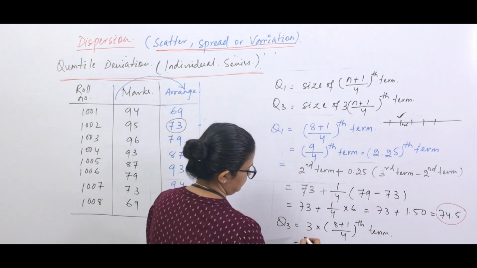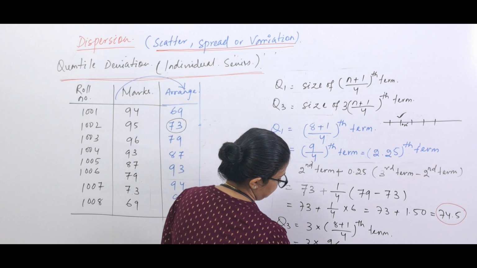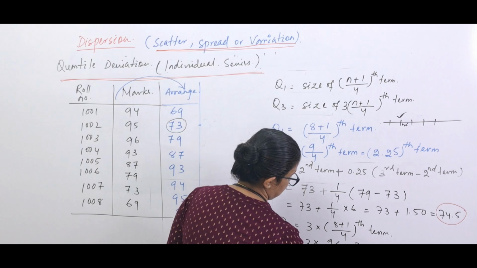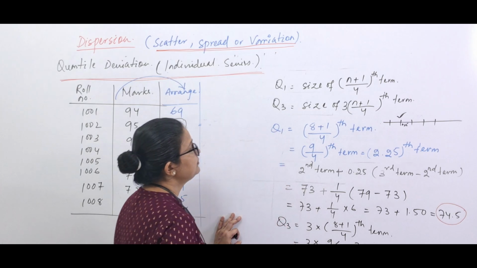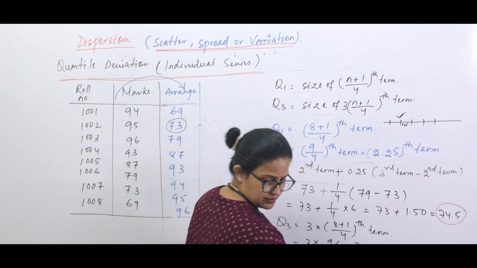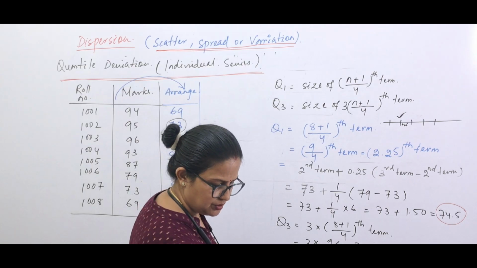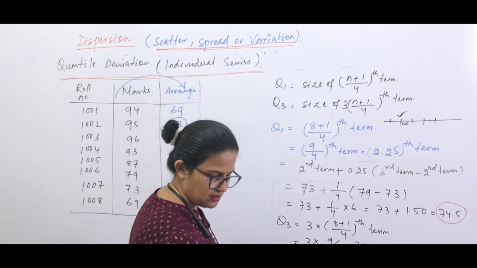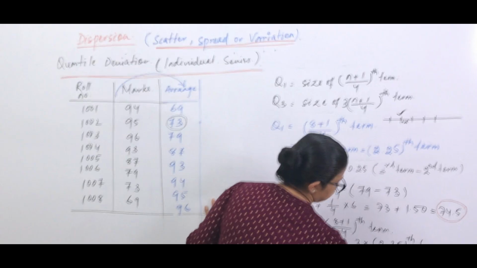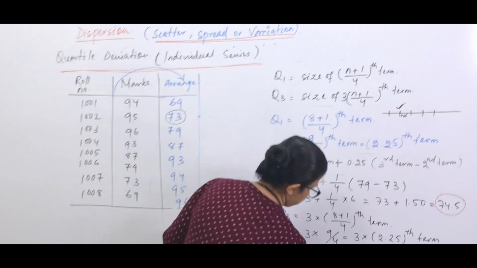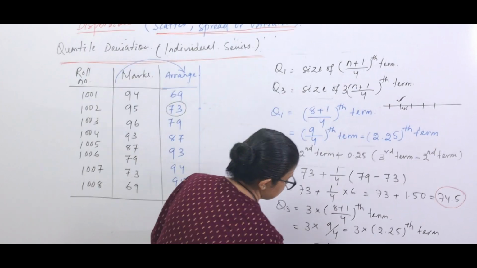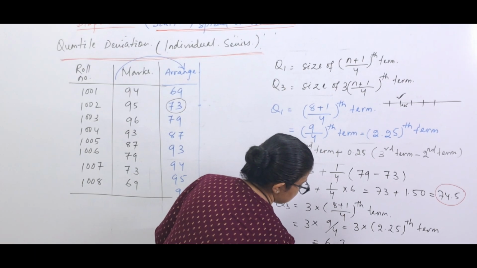This is equal to 3 into 9 by 4, which is 6.75th term.